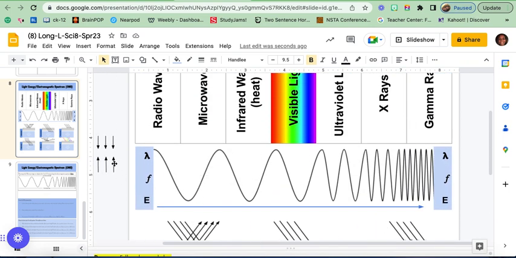The other part is you're going to drag and drop these arrows here on the left-hand side. You're going to drag and drop them looking at this transverse wave here, and we know that the wave is moving from left to right. And on this side of the transverse wave, is the wavelength increasing or decreasing?